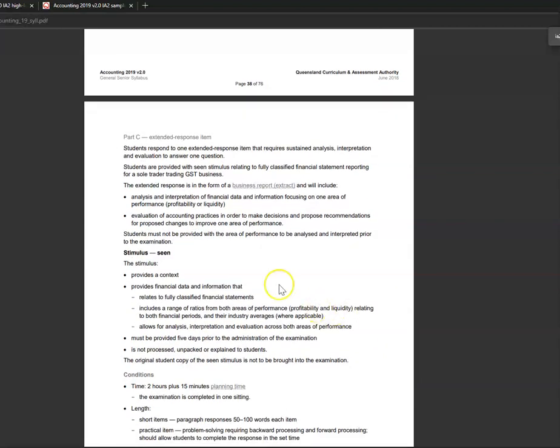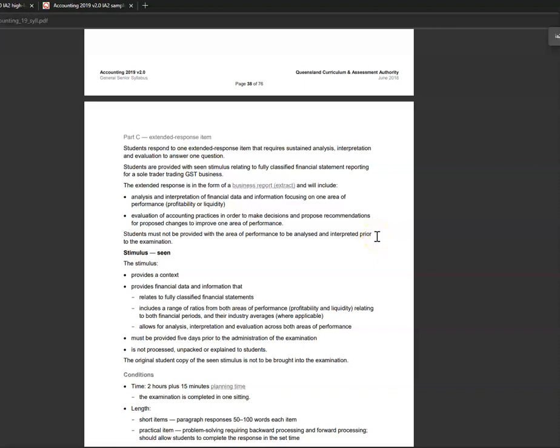Part C, you'll be given a stimulus a week in advance, and you'll be asked to analyse and interpret the financial data and information, focusing on either profitability or liquidity. You're going to be evaluating the accounting practices in order to make decisions and to propose recommendations for proposed changes to improve that area of performance.